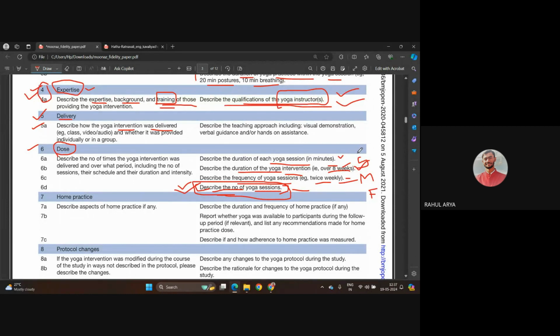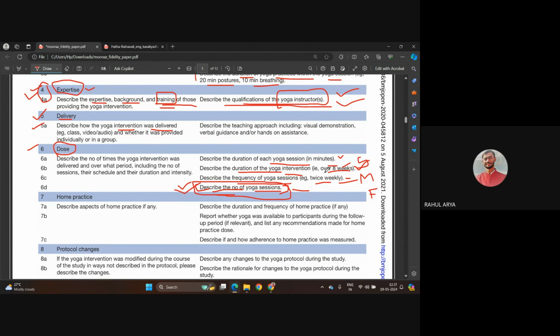That week we completely missed. But in the study we will mention that we provided the practice. But what was there practically? On festival days we cannot provide. That's why, to account for that bias, we mention the number of yoga sessions.